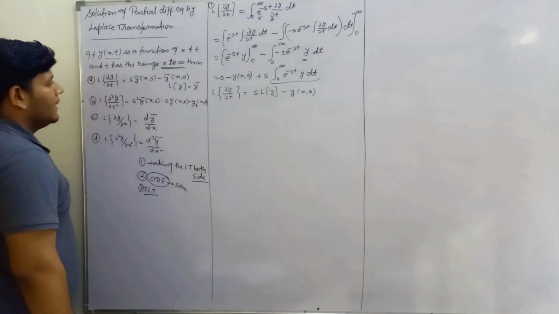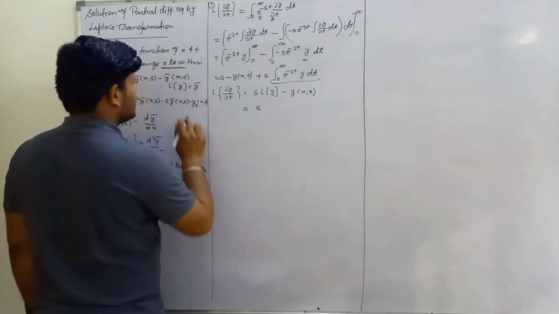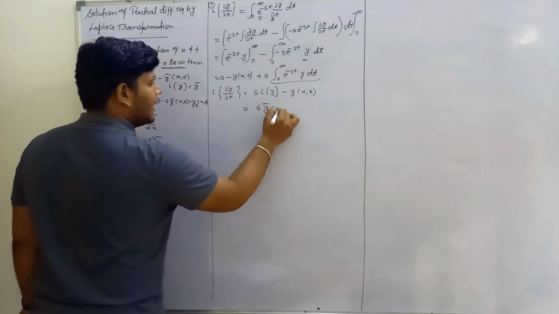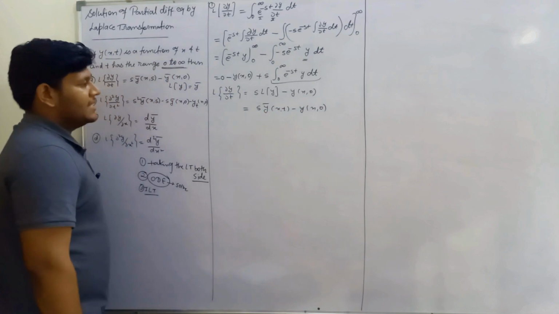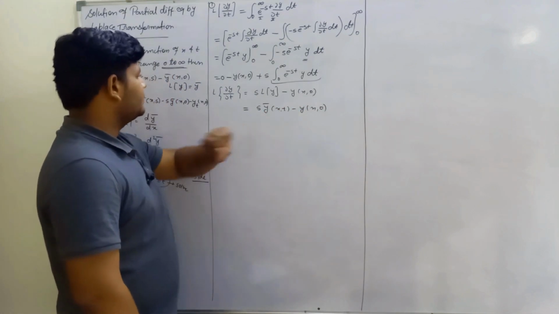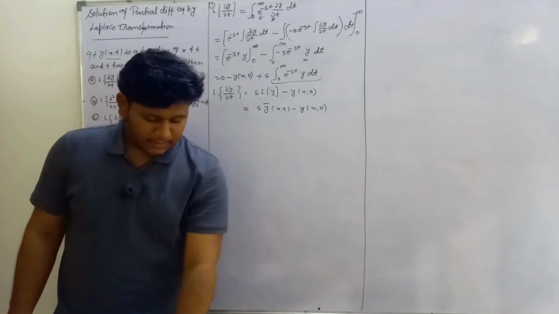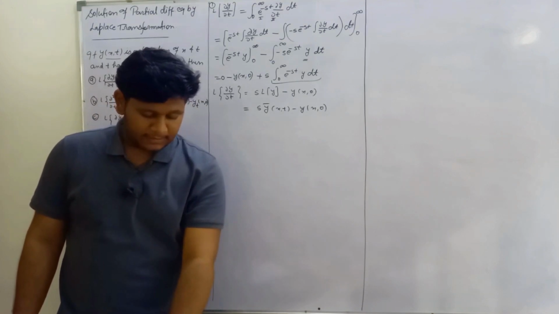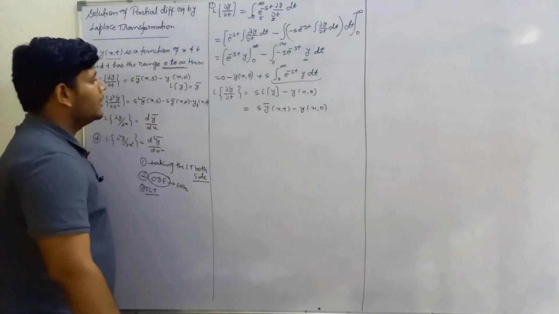Here, the Laplace transform of y is y bar(x, t) minus y(x, 0). Let me check whether this is y bar or not. Here it is not y bar. There is a mistake here, this is not a y bar either.